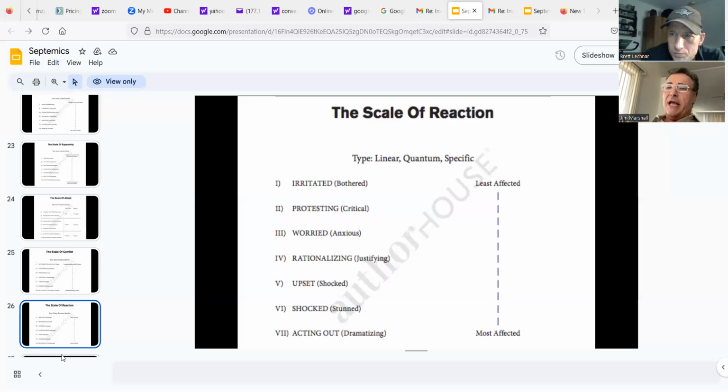First comes the upset. So remember, this is a linear scale. So the sadness appears after level 5, and it probably carries down into level 6, somewhere in there. But sadness is a specific emotion.